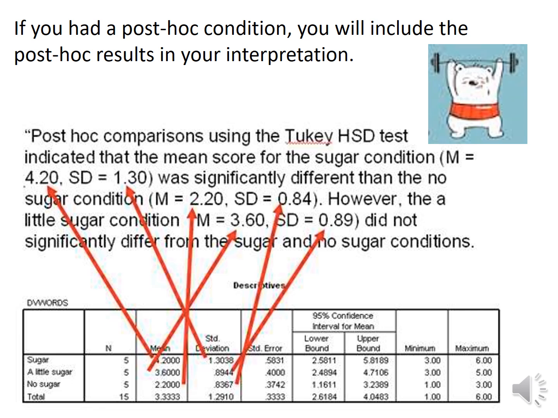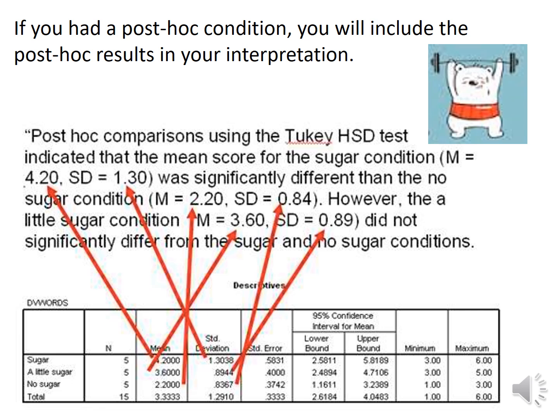It only signifies differences, but not whether it increased or decreased. So if you have a post hoc condition, you will include the post hoc results in your interpretation, specifying data as used in the descriptives, the first table.